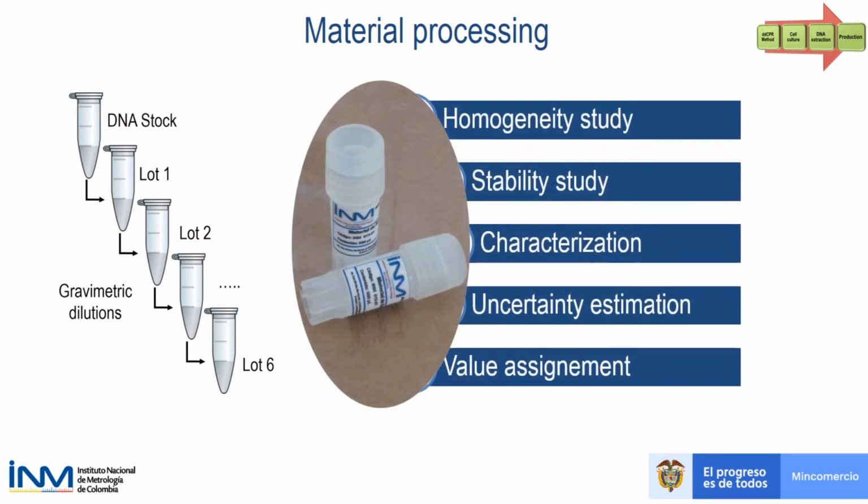After that, the DNA solution characterization was performed. From the homogeneity study data, the homogeneity, the reference value, and the uncertainty component associated with homogeneity were evaluated. Afterward, a short-term study for 4 months was performed to evaluate the material stability. With this data, the combined uncertainty and the assigned value were established.